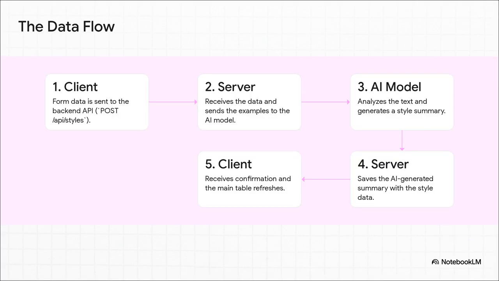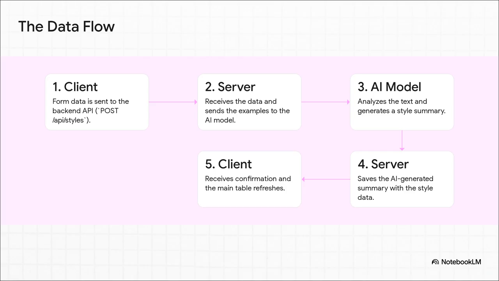So in those few seconds, this super fast data exchange happens. Your browser zips the form data over to the server, which immediately hands your text examples over to the AI model. The AI then gets to work analyzing everything, the vocabulary, the sentence structure, the tone, and it generates its own summary of that style.